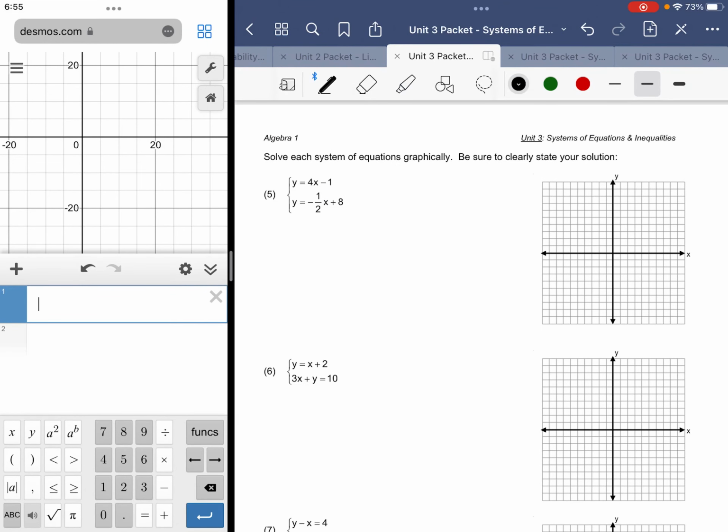So looking at page 6 in the Unit 3 packet, the questions are asking us to solve each system of equations graphically. A system of equations is a set of two or more equations sharing the same variables.